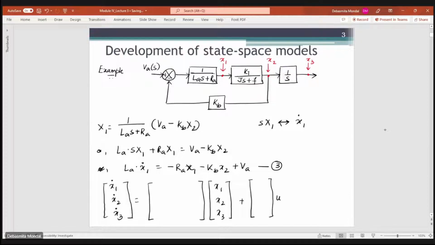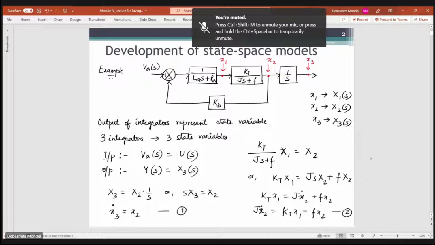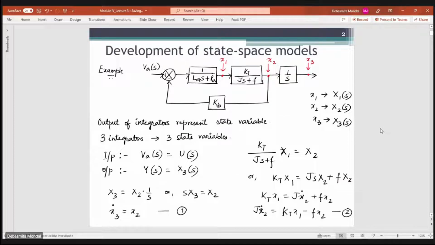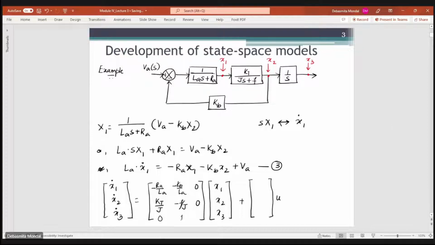For x1 dot, it will be minus RA by LA multiplied by x1, this one will be minus KB by LA, and there is no term corresponding to x3, so this will be 0. Then for x2 dot we had seen that x2 dot is equal to Kt by J into x1 minus f by J into x2. So we'll write Kt by J here, minus f by J here, 0 over here. And x3 dot is equal to x2, so that means there will be 0, 1, 0.